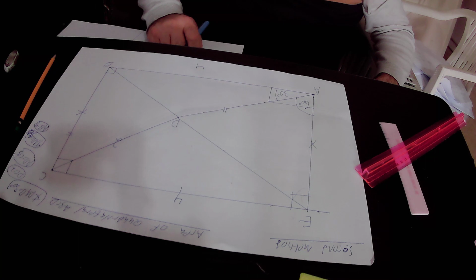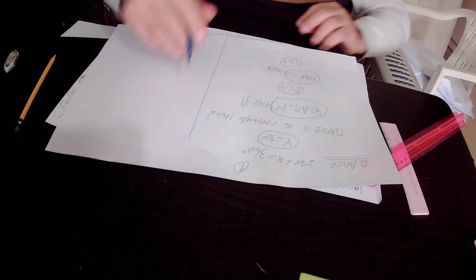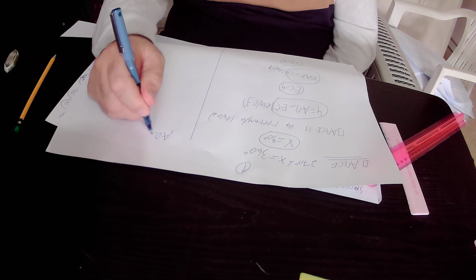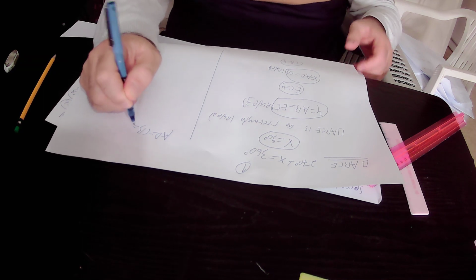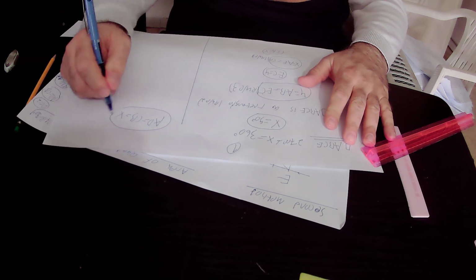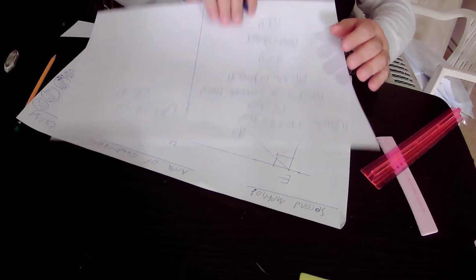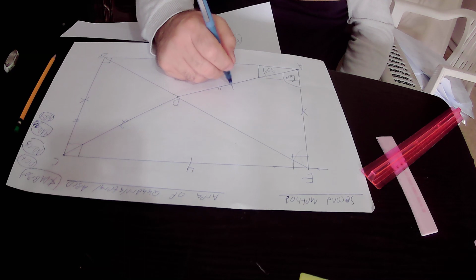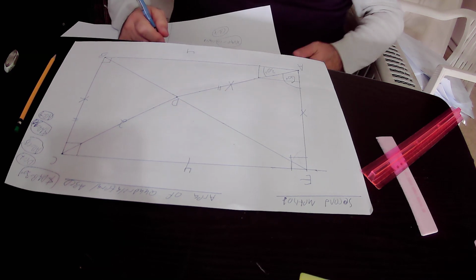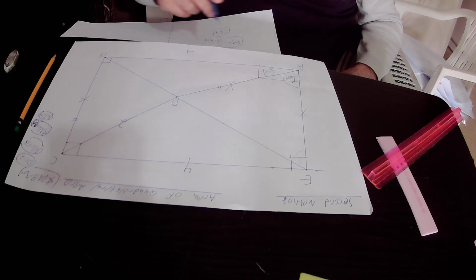And it is given in the question that AD equals CB. But we defined CB as X. From this equation we will derive that AD also equals X. So here we have triangle AED.